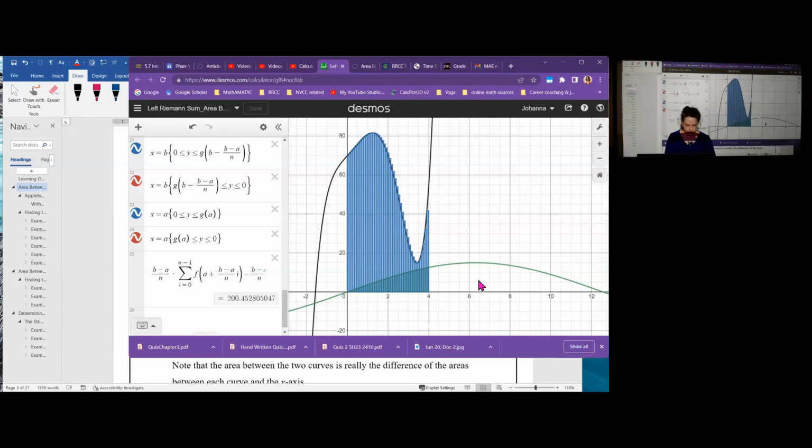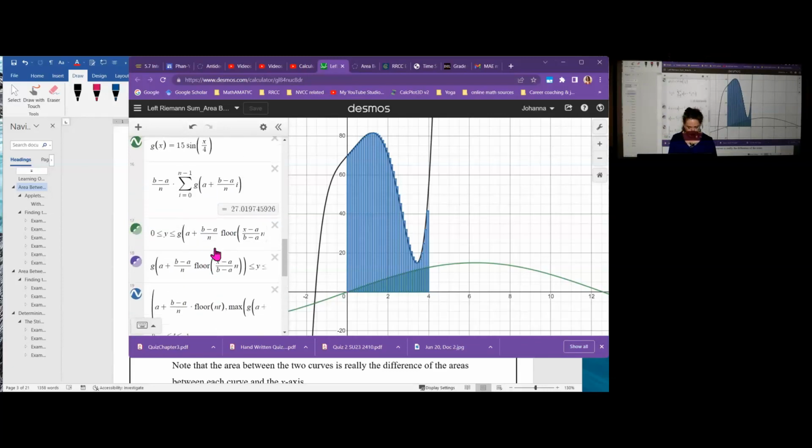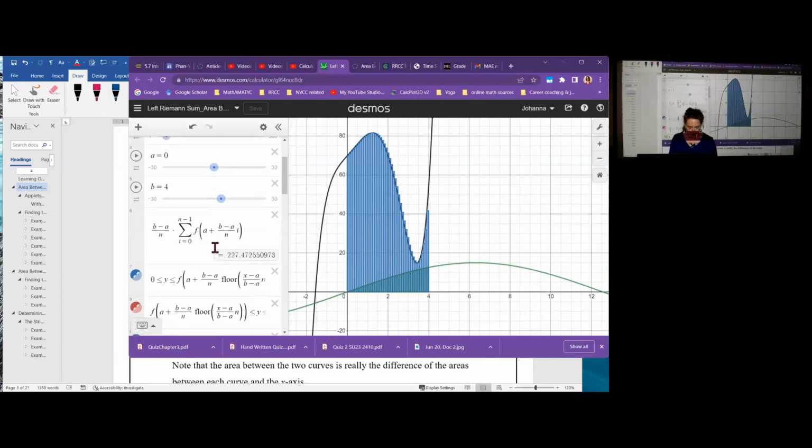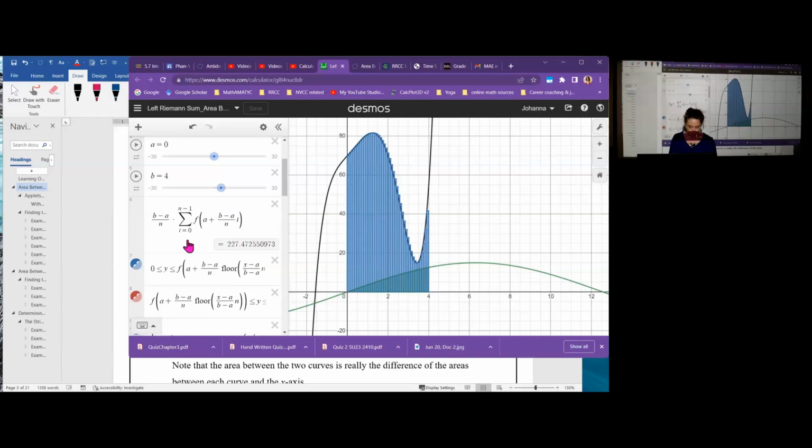What we have in the directions over here towards the top is the sum of the Riemann sum for f. This 227.5-ish represents the area that is shaded in blue.